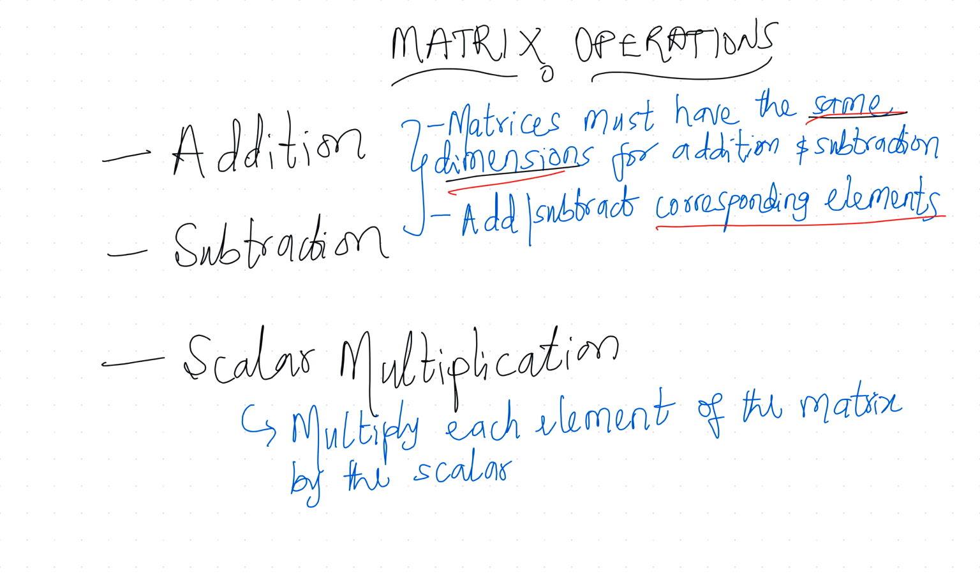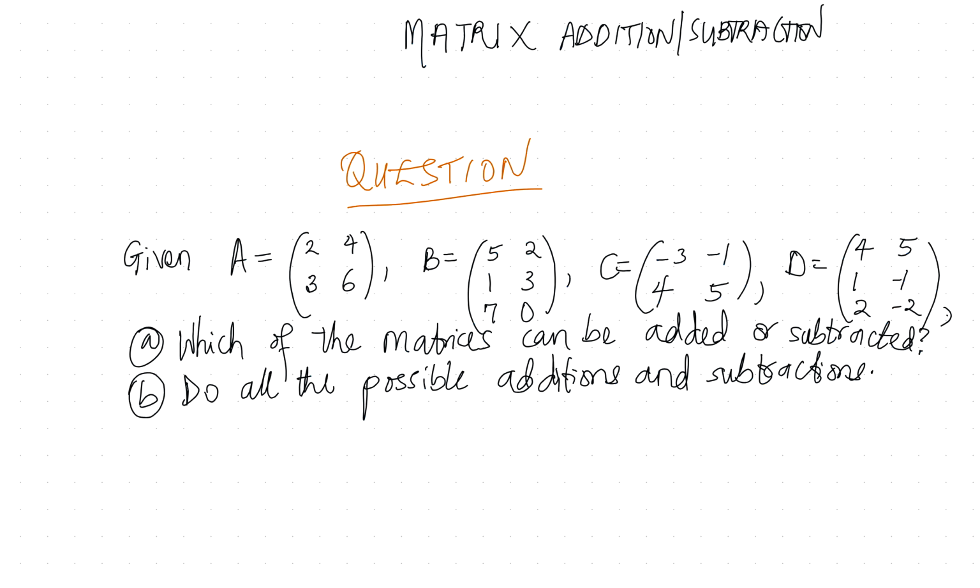You can multiply that with each element of a matrix, and with that you have scalar multiplication. Each element is multiplied by the scalar.